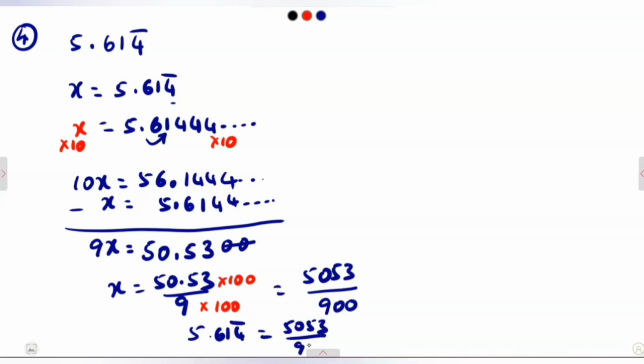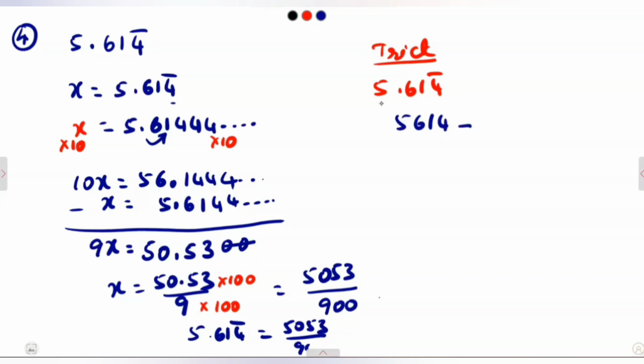Now let us see the trick for this. Let us take the question 5.614 bar, right? Take the number as it is as a numerator, like 5614. First write the whole number without the decimal and without the bar.